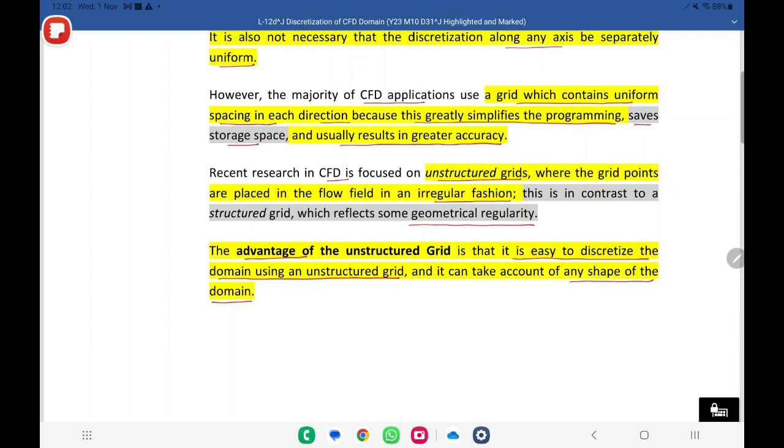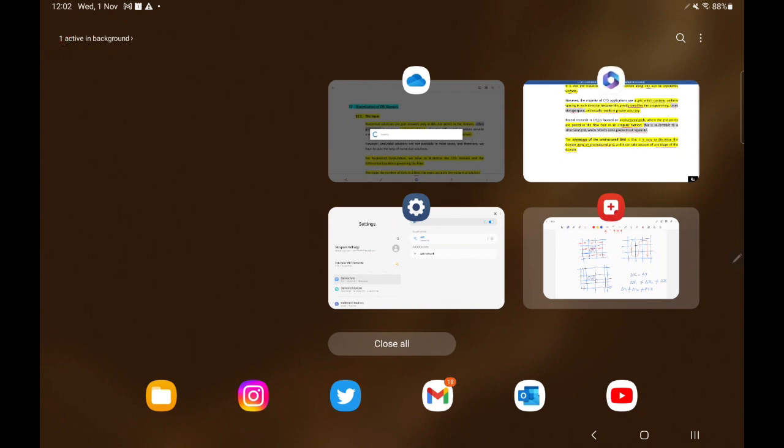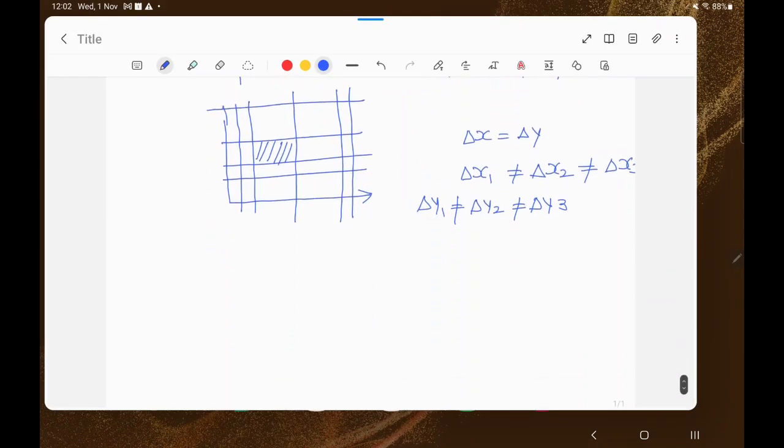Just for an example, if your domain is circular, I want to fill it with square grid. Right? Will all cells be square?